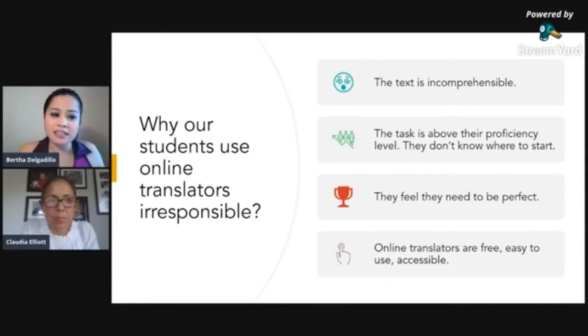So the translators do have a place in the classroom, but we do have to teach our students how to use them responsibly. And I guess it goes with a whole lesson about that. How to use them responsibly and when it's okay to use them, as opposed to when you should not use them.